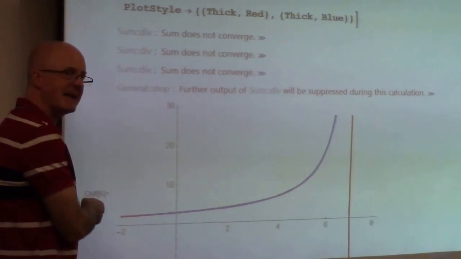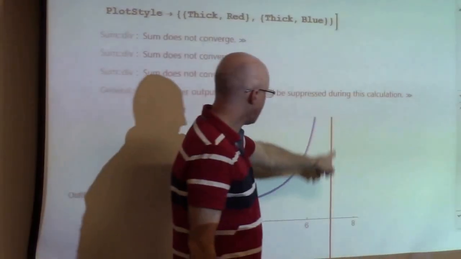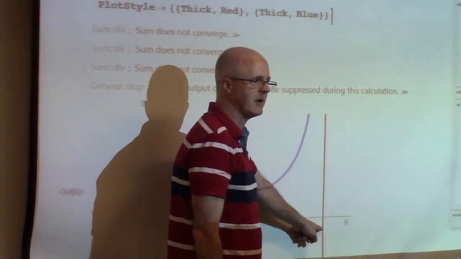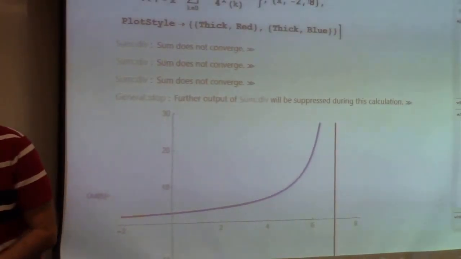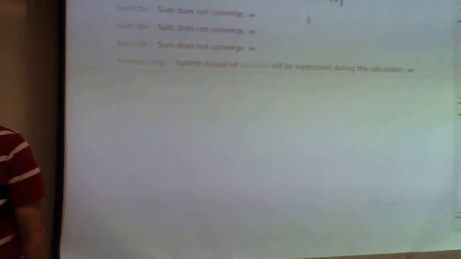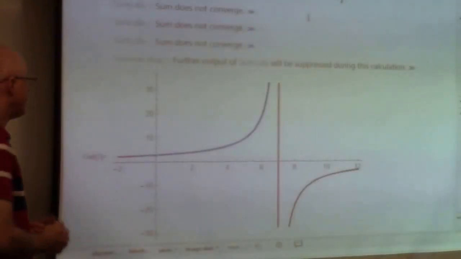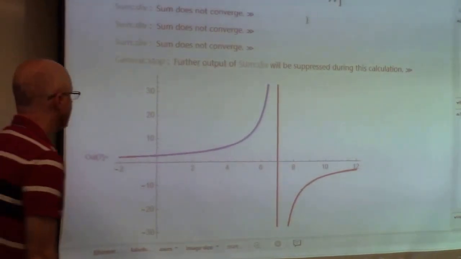The red graph is actually still there. This is actually a vertical asymptote for the red graph. It's not part of the red graph. Let me go further to the right here than 8. Let's go, I don't know, 12 maybe. Sum does not converge. The summation is having a problem, but 20 over 7 minus x is still there.